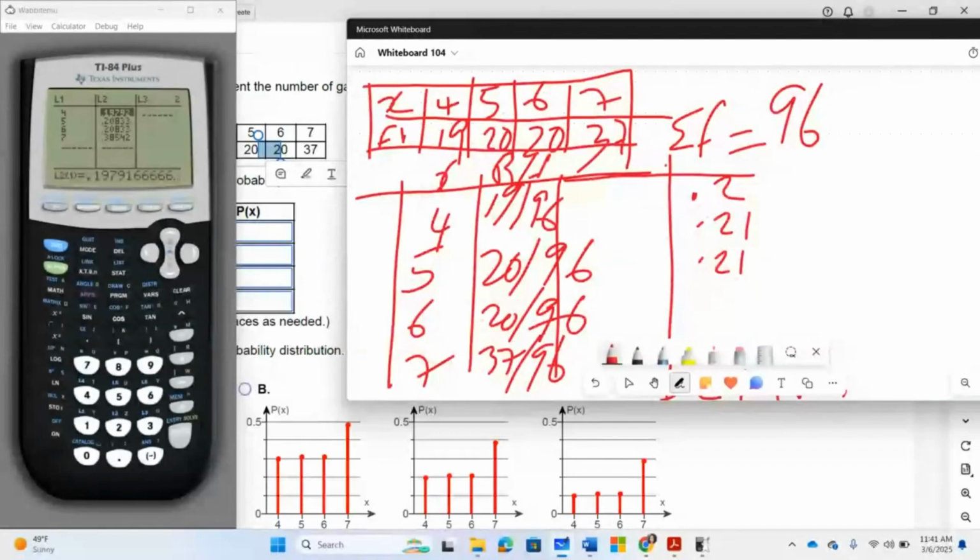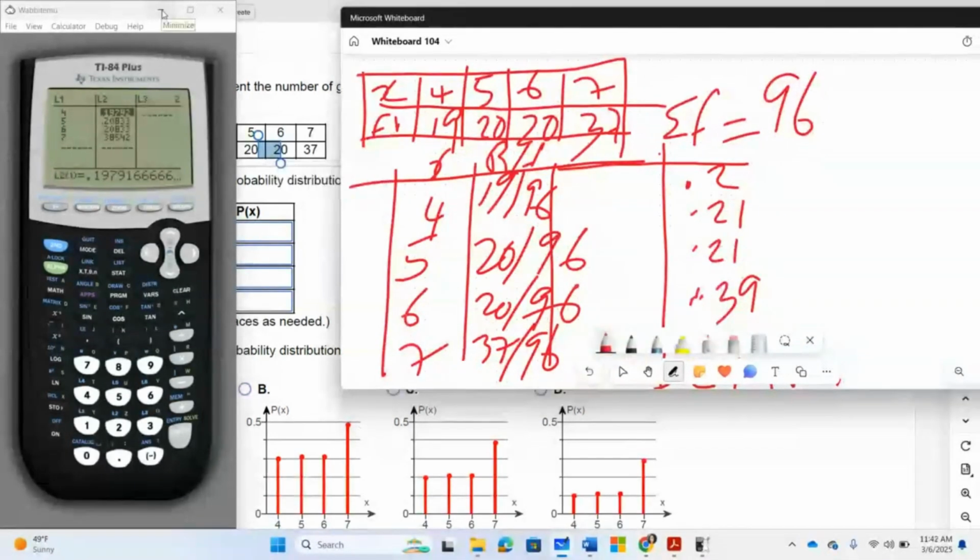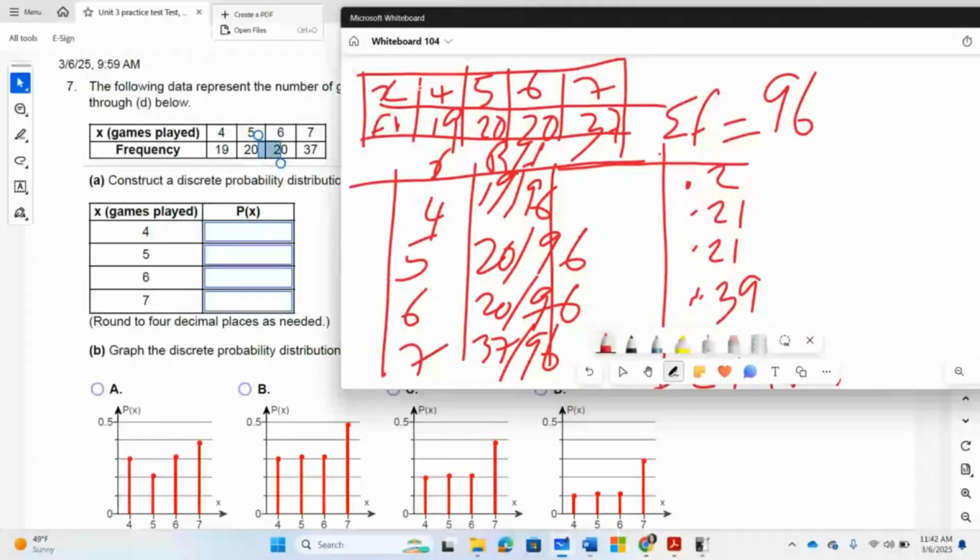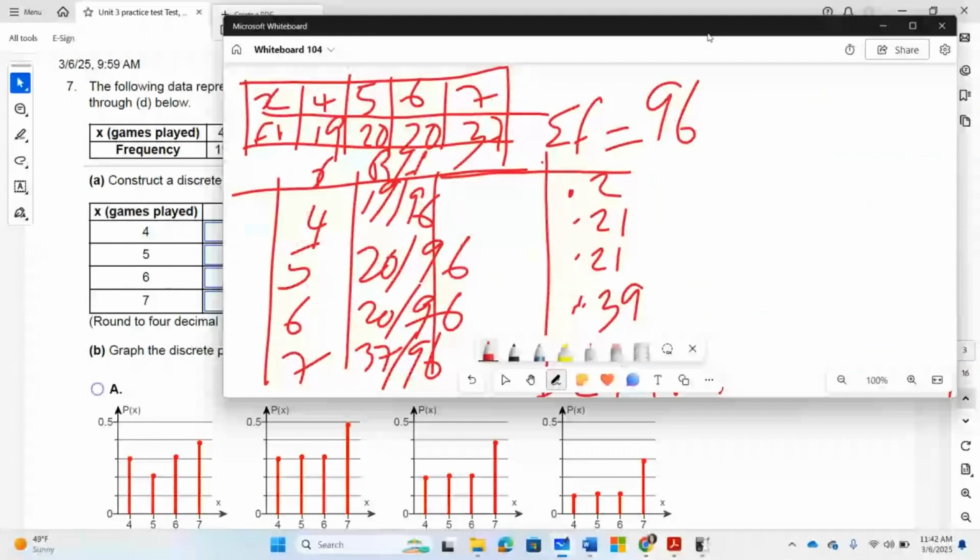All right, so you're told to draw a bar graph, and that question doesn't mean histogram. Okay.